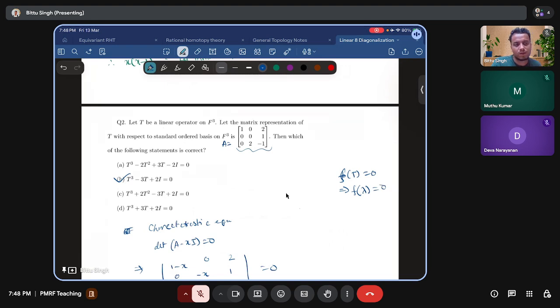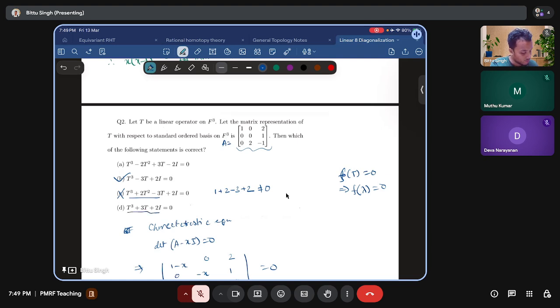So if we replace T by 1, for example, then we get 1 plus 2 minus 3 plus 2, which is non-zero, so T cannot satisfy this kind of equation.